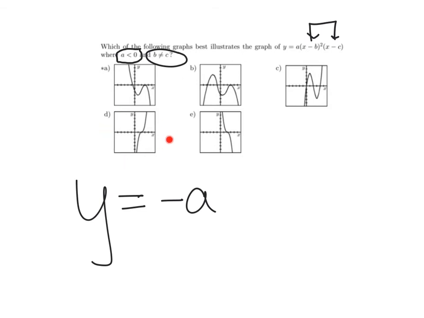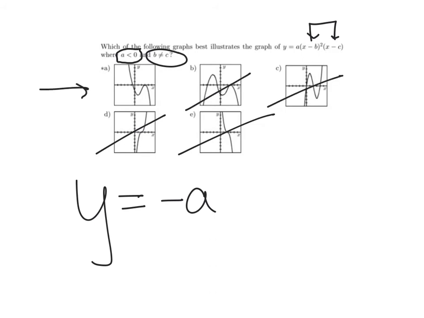So to me, I think this graph is out because it only has 1 zero. And I think this graph is out because it only has 1 zero, where I know I have a b and a c. Okay, now, this graph has 3 zeros, this graph has 3 zeros, and this graph has 2 zeros. So right away, my gut's leaning towards this one.